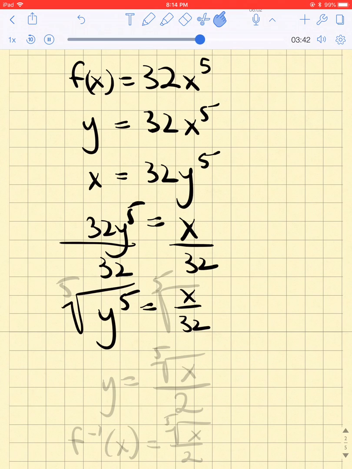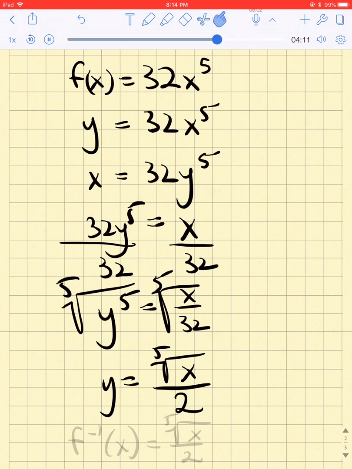I take the 5th root of both sides, and I have y equals the 5th root of x over 32. You can take the 5th root of 32. That's equal to 2. Because basically 2 times 2 times 2 times 2 times 2 equals 32. So the 5th root of 32 is 2, or 2 to the 5th is 32.